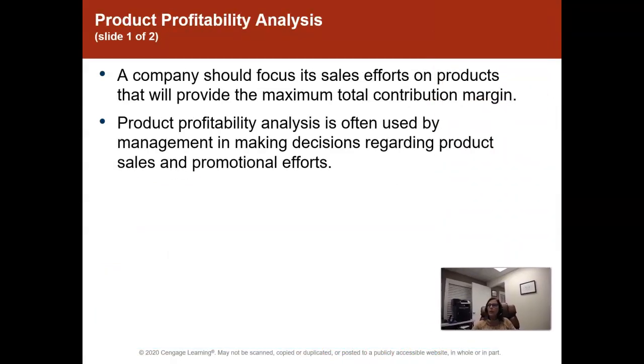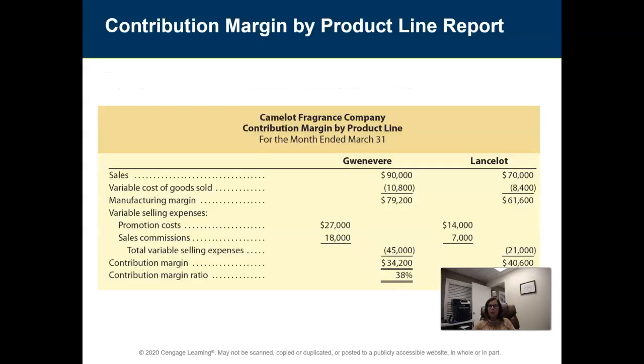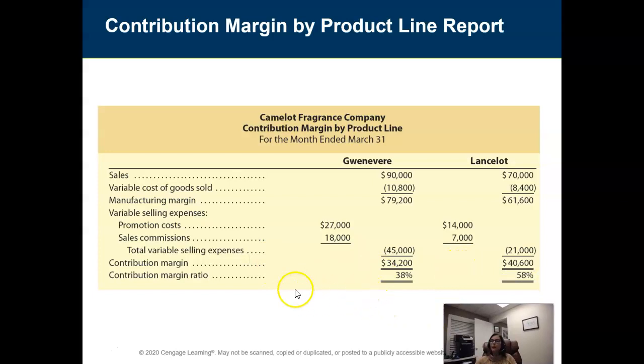So obviously, as a company, we want to make sure that we are selling more of our more profitable items. Just selling more items isn't going to be enough to make sure that we maximize our profits. We want to make sure that the items that we are selling are our best money makers. And here is our contribution by product line, not by territory.